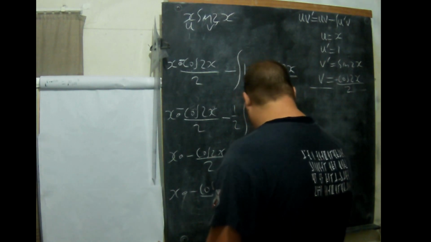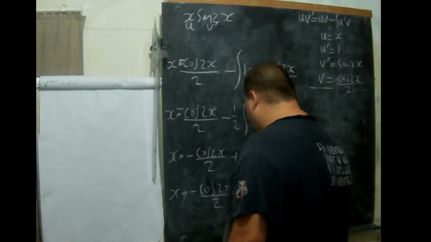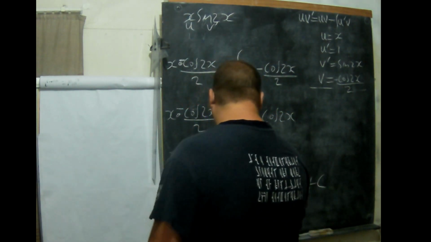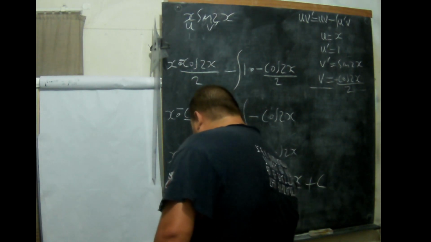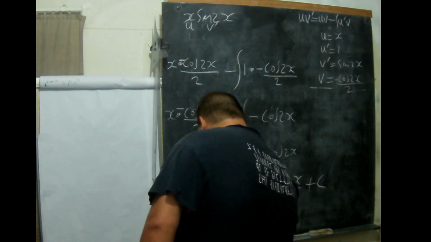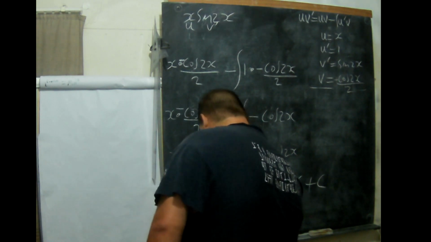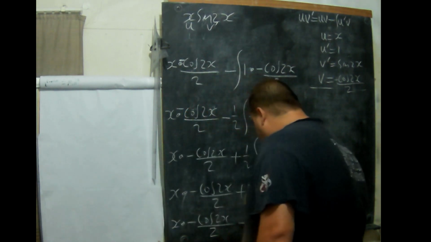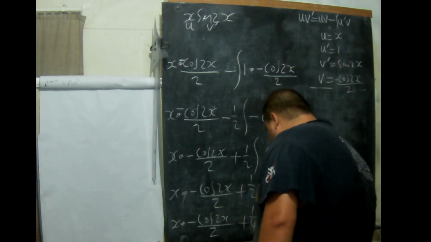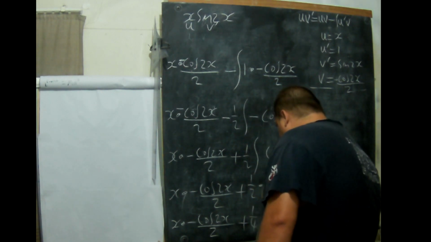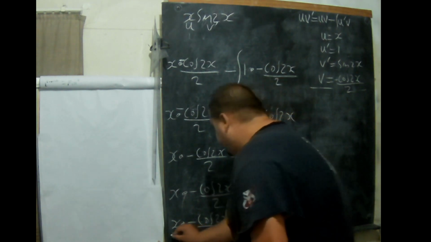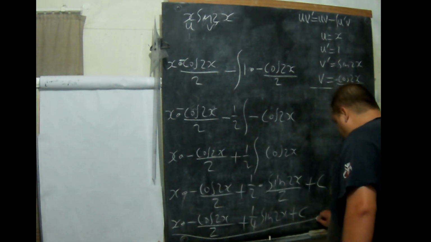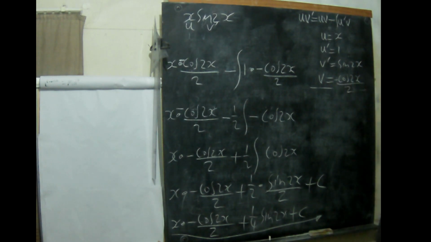So what we have now is a half times a half, which is a quarter. So x times minus cos 2x over 2 plus a quarter sine 2x plus c. And that is our final answer.